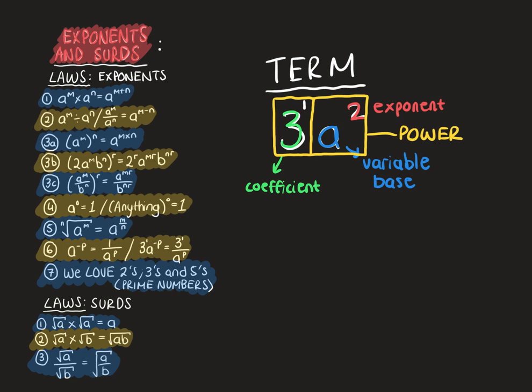Just a little bit of understanding of how a term is actually broken up, because when I say the laws, for example, law 1, when timesing values of the same base, we add the exponents. Same bases. So when we multiply powers of the same base, the a's, we add the exponents together. When dividing values of the same base, we minus the exponents.